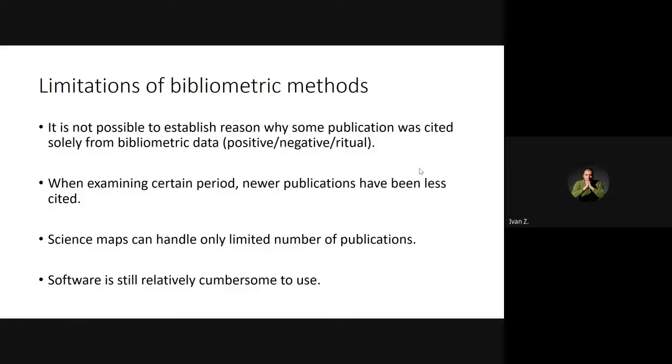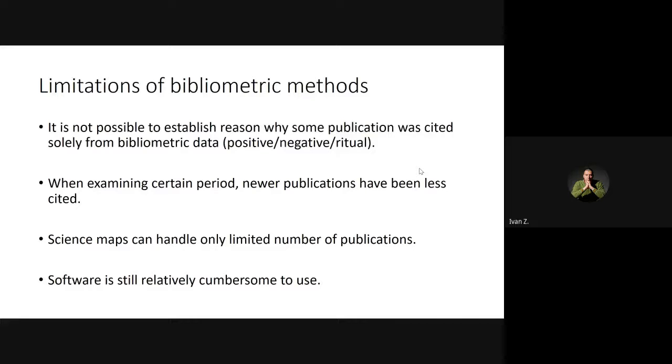Or some of the most famous works in the field get a lot of so-called ritual citations. In entrepreneurship you would cite Schumpeter, and I doubt that a lot of articles citing Schumpeter have actually read what Schumpeter said.